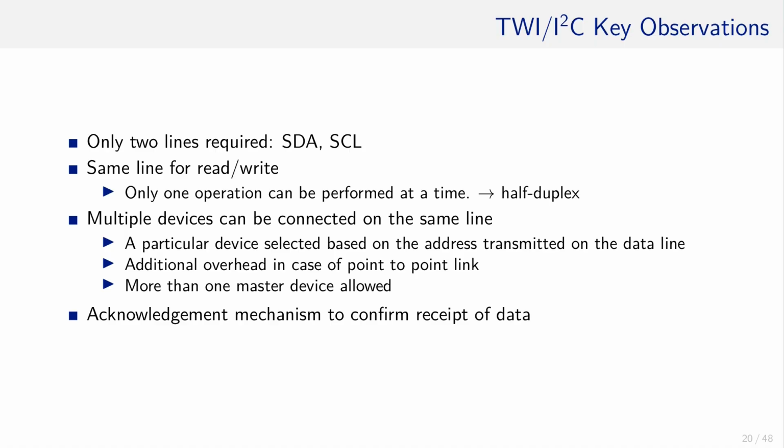Let us finish this session with a few key observations. First, 2 wires are required for I2C, transferring data serially similar to UART. It uses the same line for reading and writing operations, so it is always half duplex and not universal.